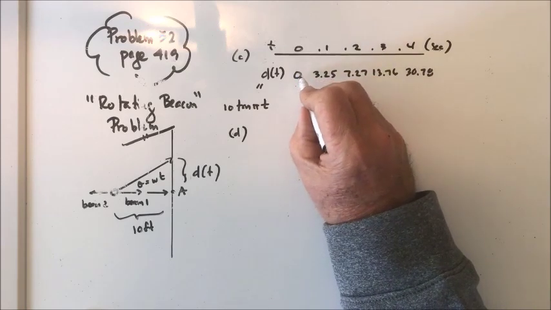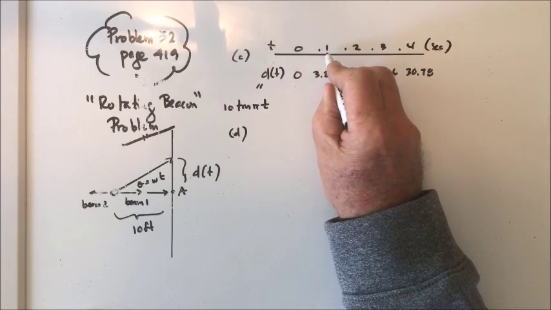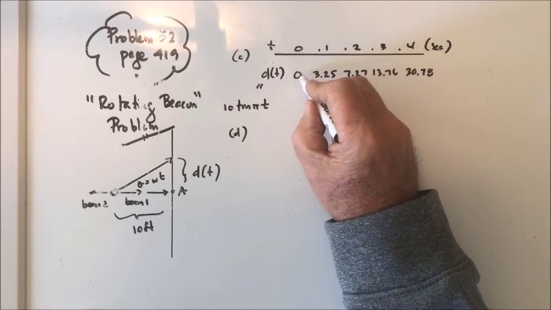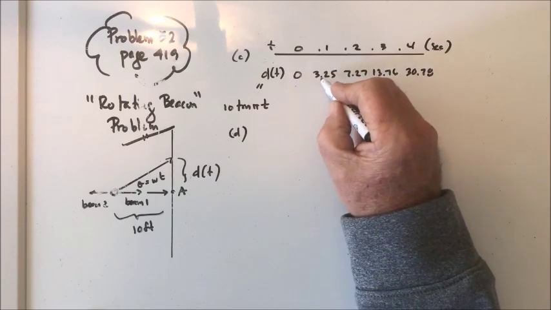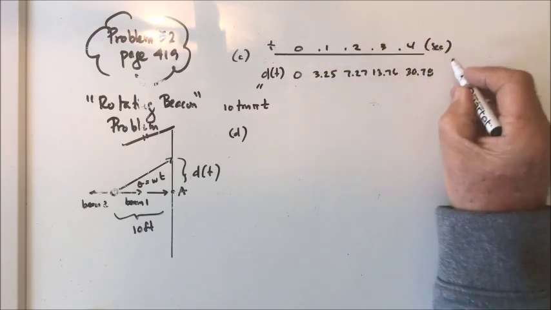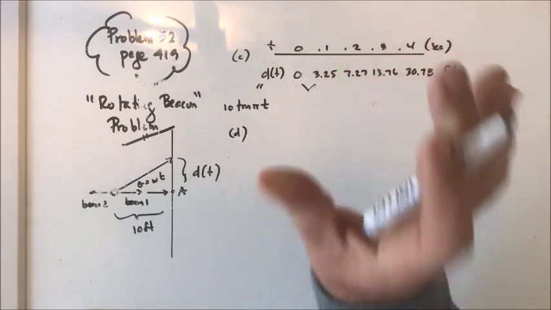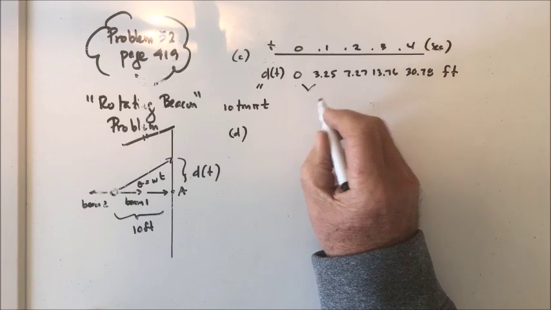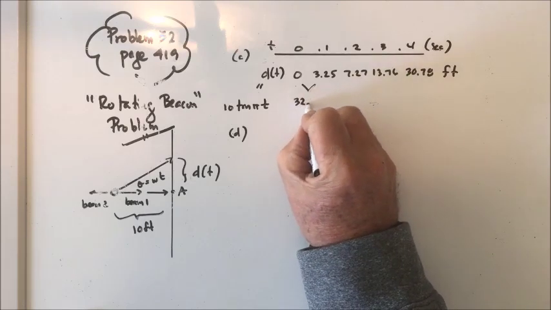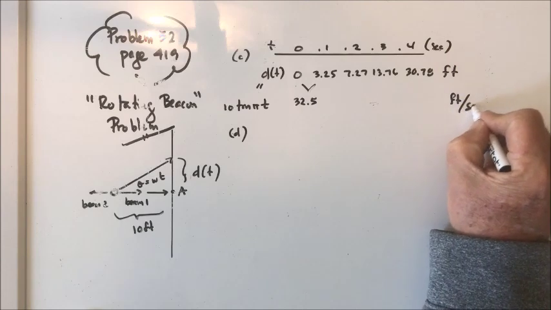At the beginning, the interval from time t equals 0 to time t equals 0.1, d of t starts out at 0, it goes up to 3.25, and it did that in 0.1 seconds. So if this is feet, this average rate of change works out to be 32.5. And you're going to find that's in feet per second.